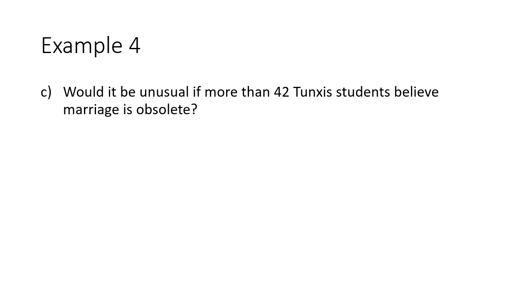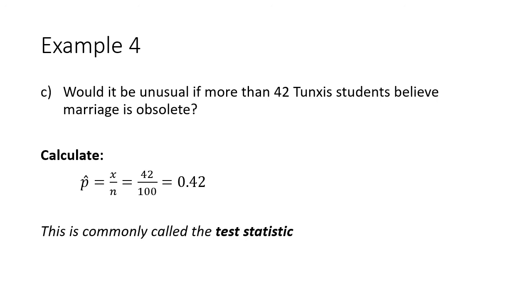All right. Now, would it be unusual if more than 42 Tunxis students believe marriage is obsolete? Well, I have to calculate what p hat is. I have to figure out what my sample proportion is, which is just that x over n, the successes over the sample size. So 42 students said yes out of the 100 students we asked, so p hat is 0.42.